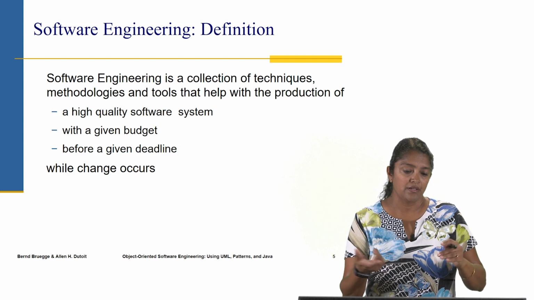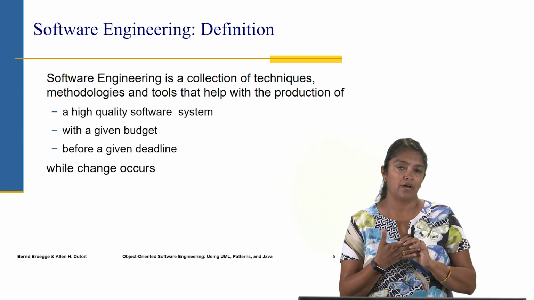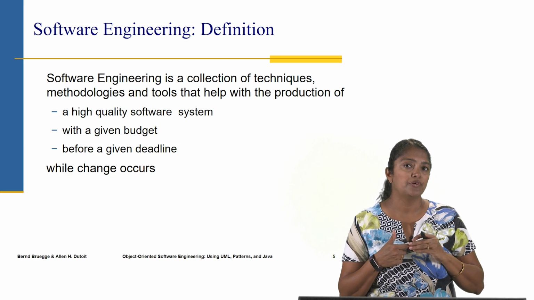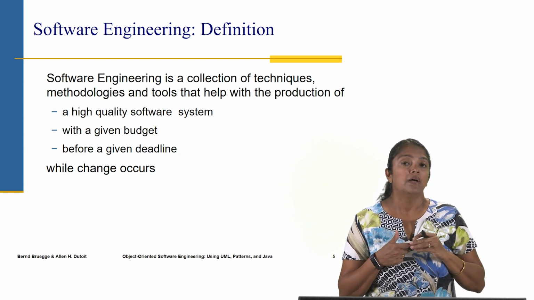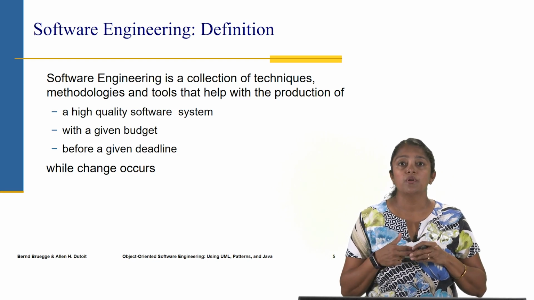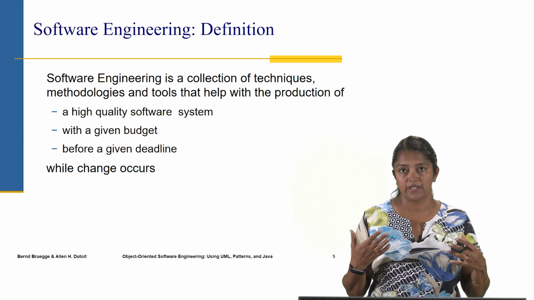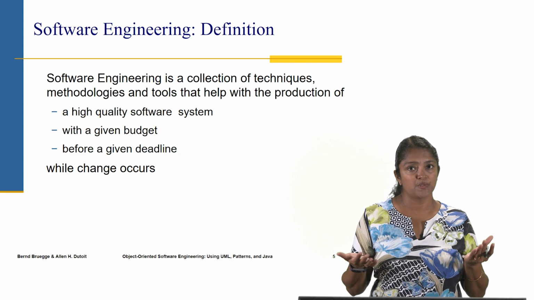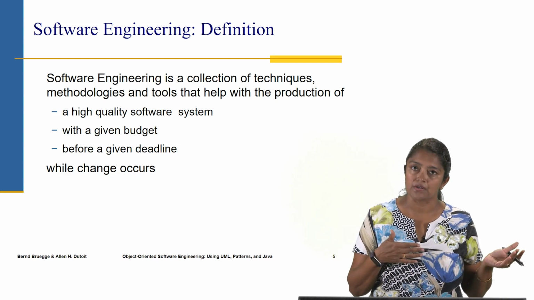So having said that, the goal here is, like I already mentioned, that our software system produced must be of high quality. In addition to that, we also want to be able to build the system within a given budget and within the given time frame. And all of this must happen while change occurs.